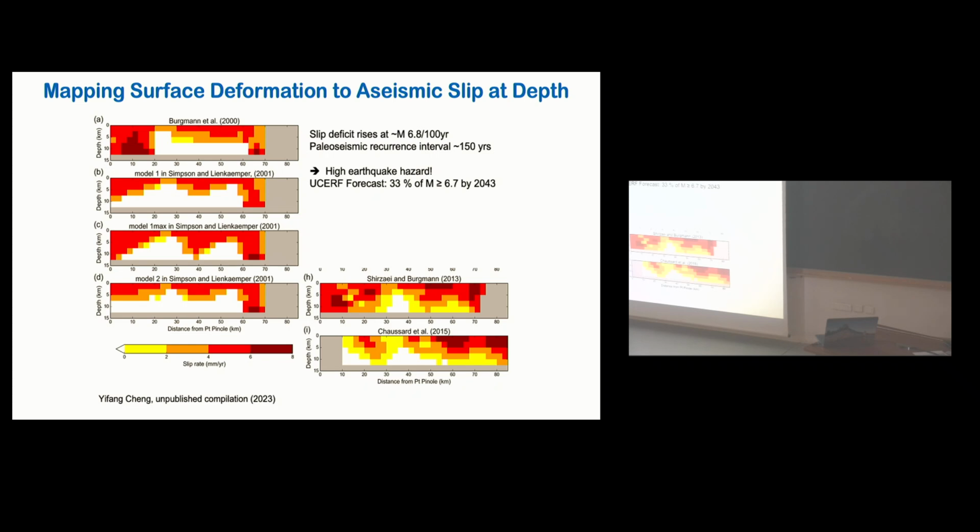And the slip deficit or moment deficit rate that we get from this suggests that after about 100 years, you accumulate enough slip deficit to produce a 6.8 earthquake. And so with none having happened since 156 years ago, we have enough slip deficit built up to make an earthquake. So nothing time dependent yet.